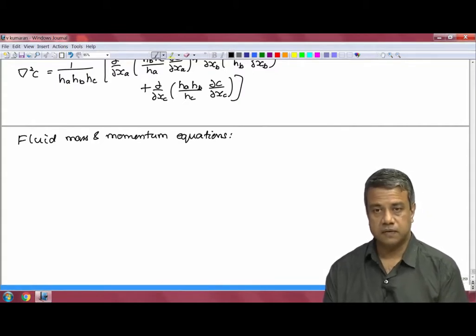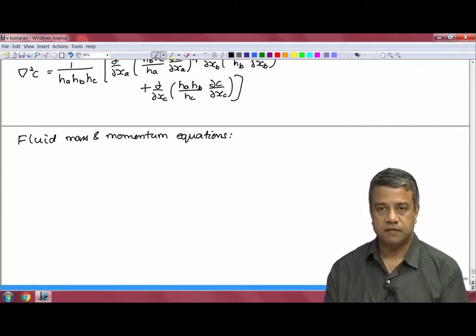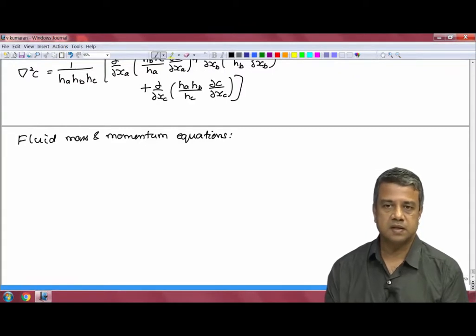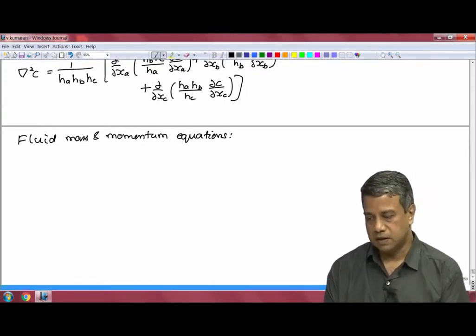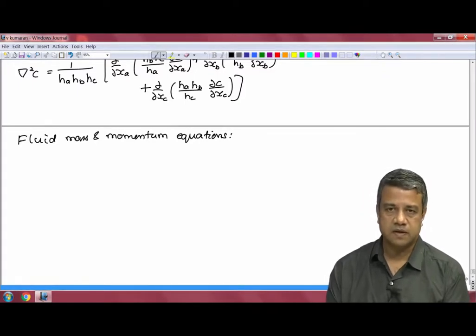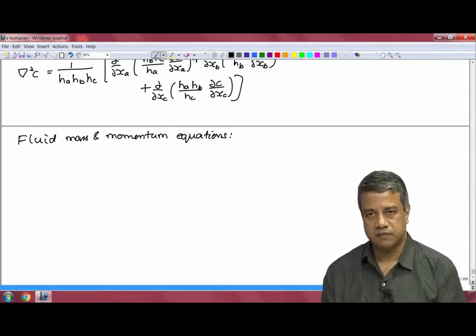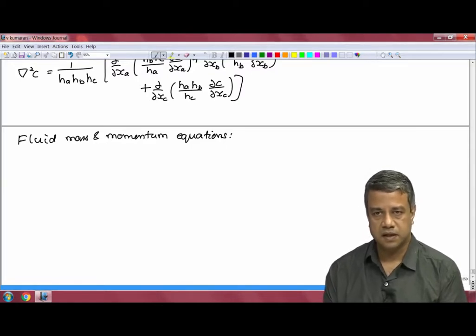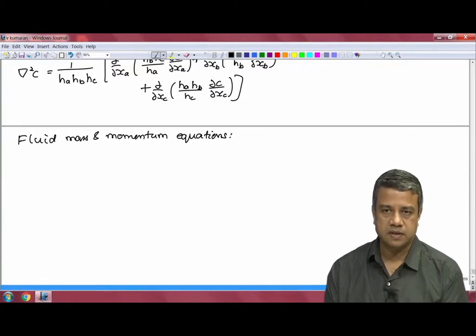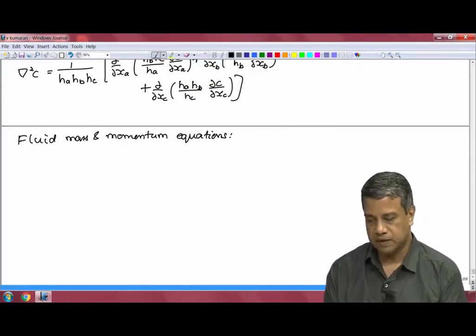For the entire fluid, if the velocity is the center of mass velocity of the fluid, there is no relative velocity, there is no diffusive component of the velocity, because the velocity itself contains the center of mass velocity of the fluid, which is the total momentum divided by total mass within a differential volume.